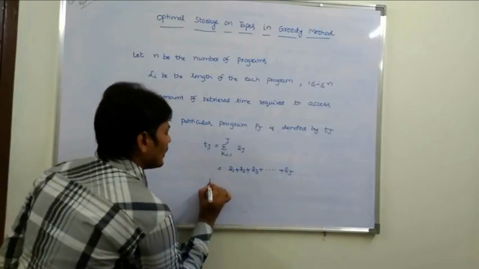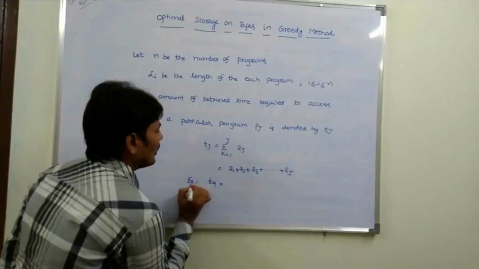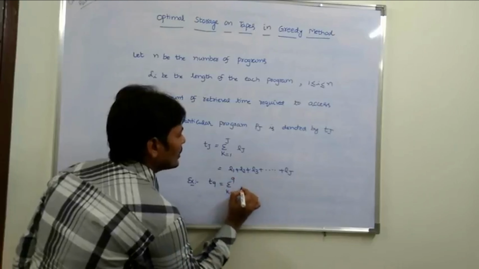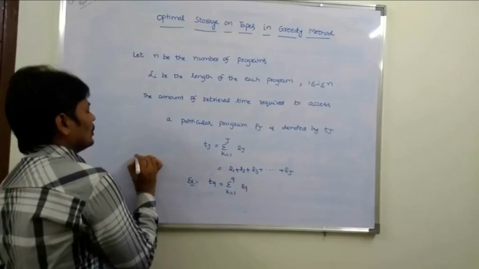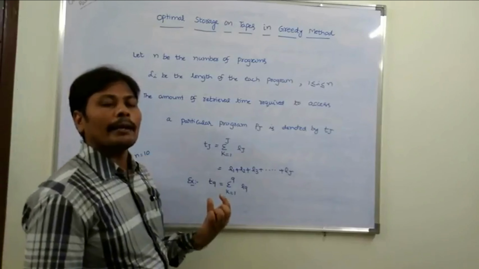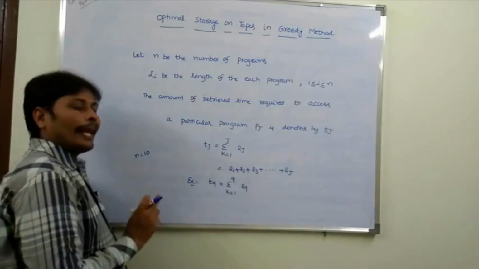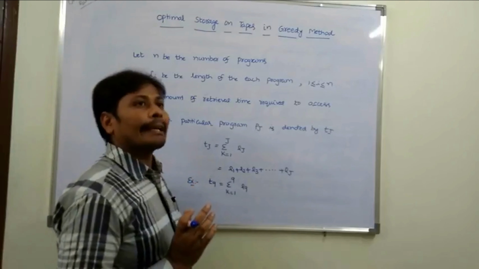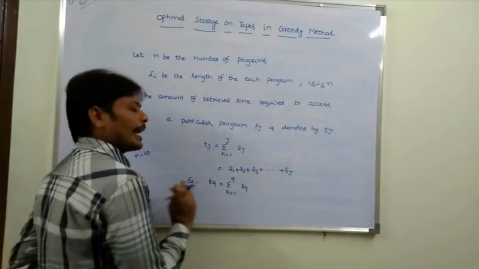So T of 9 is equal to sigma k equals 1 to 9 of Lk. Here n is equal to 10, that is, 10 songs are there on the CD. We want to play the ninth song. How much time it requires to access the ninth song is T9.